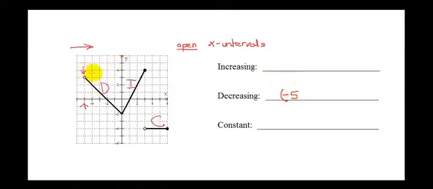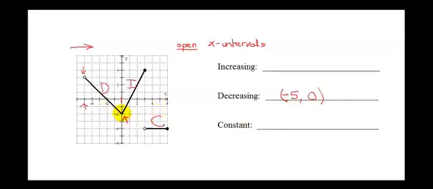Notice there's no arrow on the end, so it doesn't keep going. And it's going to stop decreasing right here, and not at -2, that's the y value. I need to pick this value where x is 0. So it is decreasing from -5 to 0.